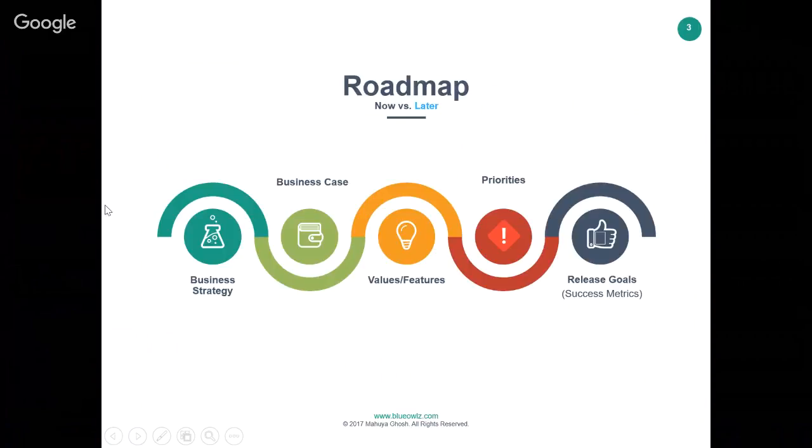So let's start from the left. The first one is business strategy, right? So as you all know, business strategy is all about having answers to questions like, is this going to be a viable financial decision to invest in a particular market segment, or in a particular product, or a product that doesn't exist?